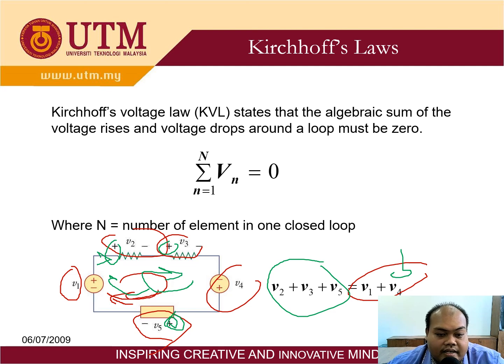But for active elements, it depends on the position of the voltage. If the position is flipped, you have to make sure it is correct, according to what the current meets. So this one meets negative, and the V4 meets positive. You have to make sure that it is V1 minus V4. I will show you an example later.